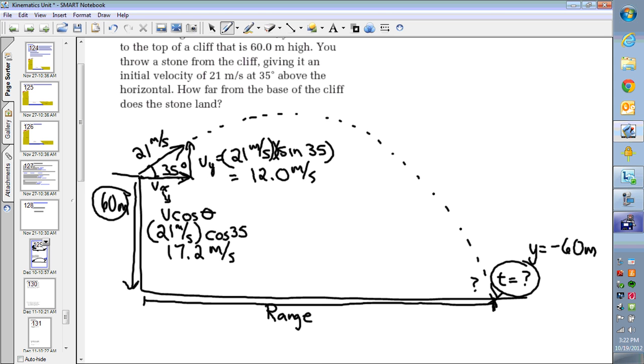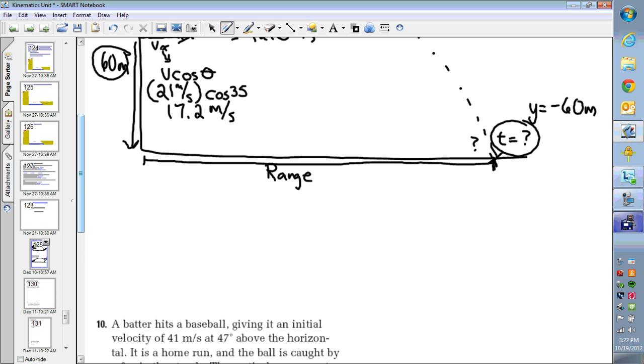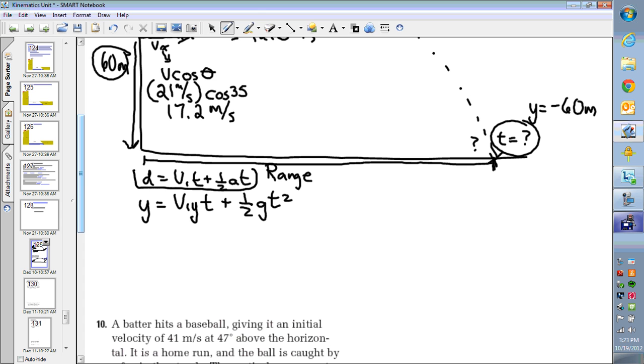My formula for height is VIY, the initial y speed, times t, plus 1/2 g t squared. That comes from the formula that says the distance is VIT plus 1/2 AT squared, where we're using g for a and VIY for VI and the y distance. So that's where that formula comes from.